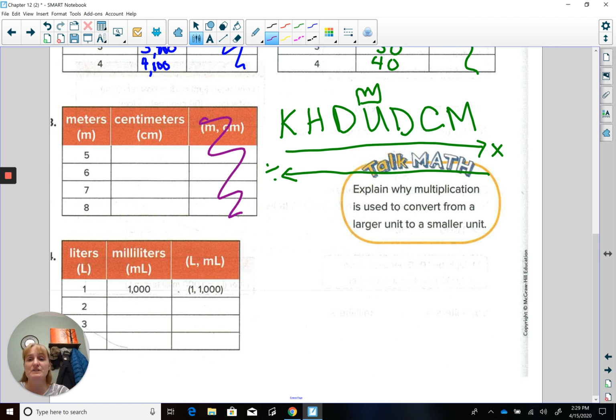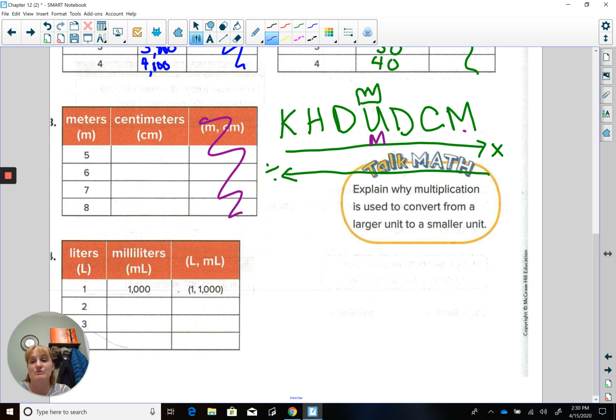Okay, so on this one, meters to centimeters. So I want you to think about how many jumps you are taking. And I hope none of you said this is meters. This right here is millimeters, not meters. Meters has no prefix in front of it, so this is your unit right here.